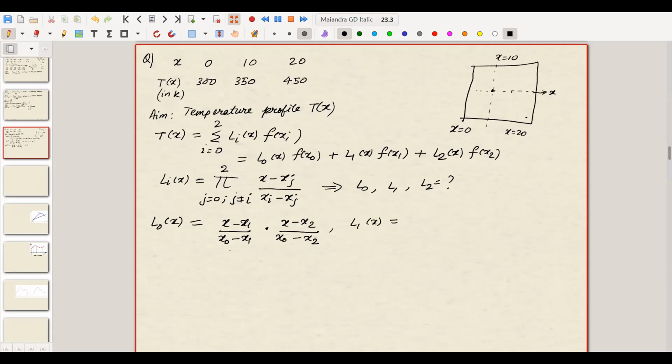Similarly, can you find L1 of x? So L1, that means i equals 1. That means according to this formula, j can't be equal to 1. So j can be 0 and 2. So that means (x minus x0) by (x1 minus x0) times (x minus x2) divided by (x1 minus x2). Can x minus x1 be there?